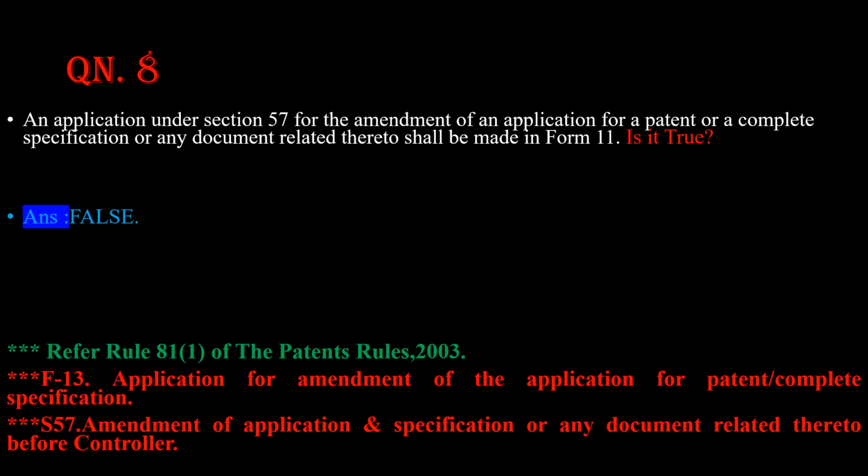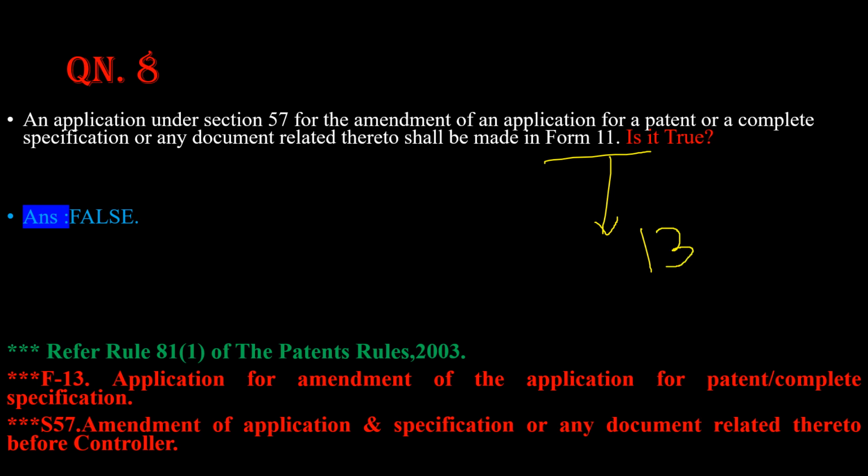Question number 8. An application under section 57 for the amendment of an application for a patent or a complete specification or any document related thereto shall be made in form 11. Is this true? No, this is absolutely wrong. The answer is false here because the form number should be, friends, form number 13.